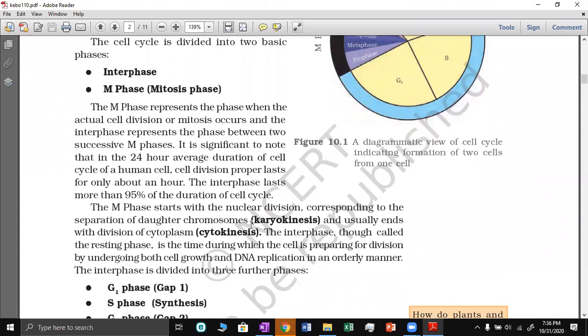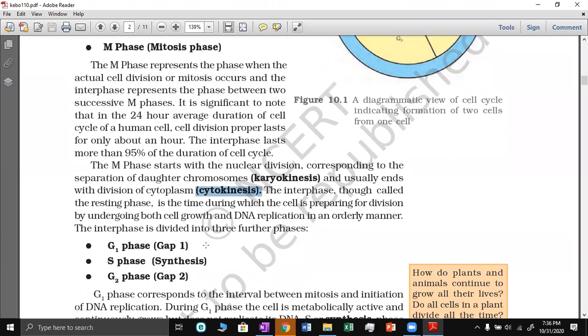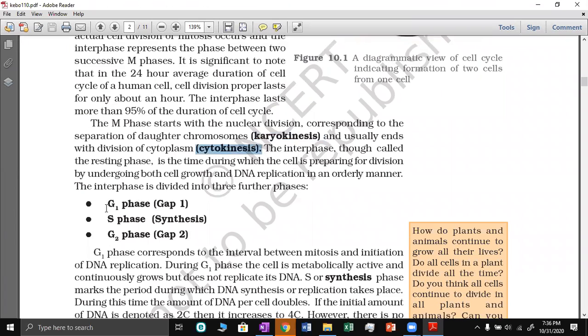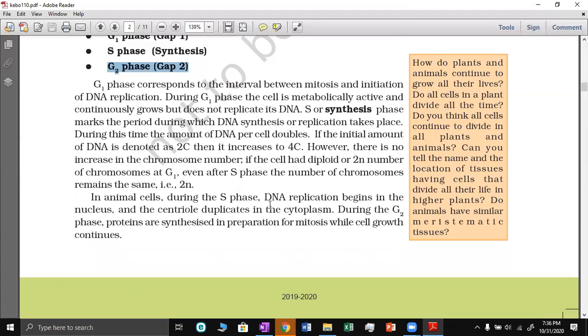Here you can see the karyokinesis, cytokinesis. Okay, this is showing interphase: G1 phase, S phase of synthesis, G2 phase. All these things I have told.